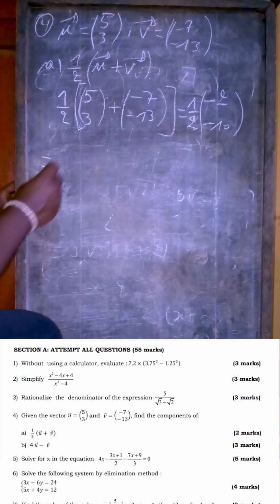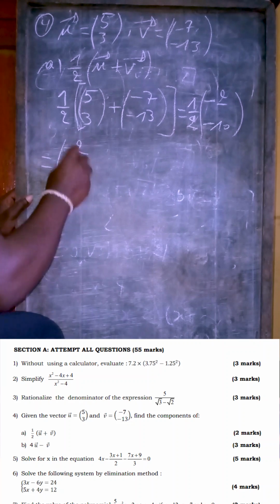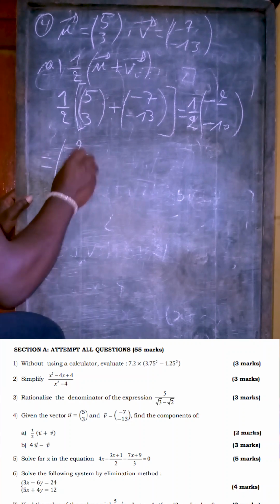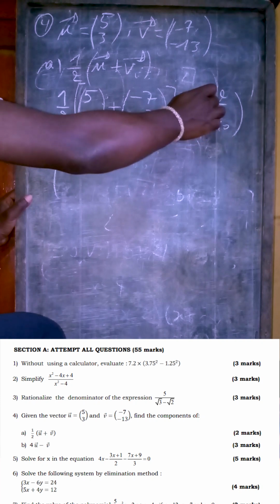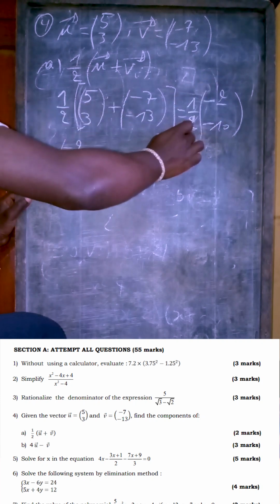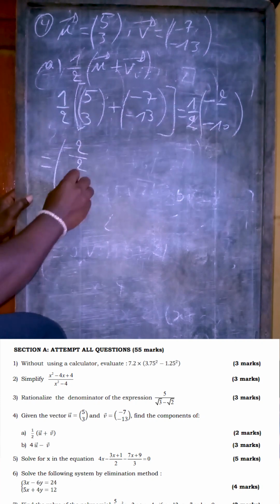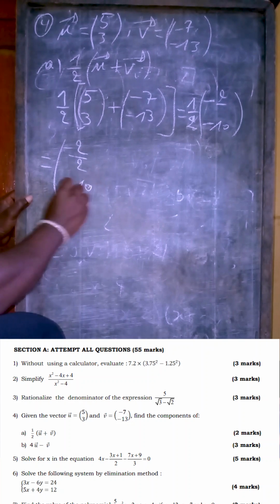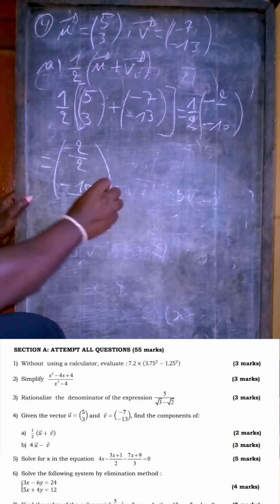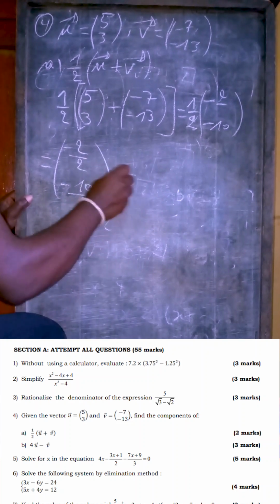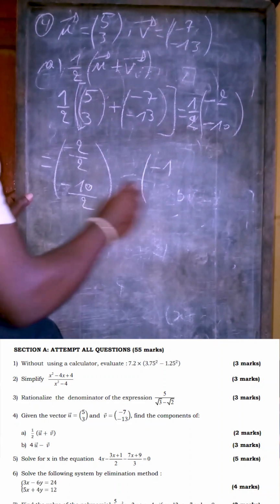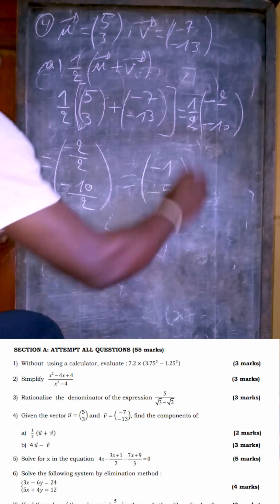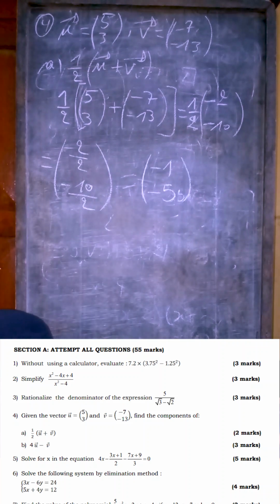It will be minus 2 over 2, because one over two times minus 2 is minus 2 over 2, and then here we have minus 10 over 2. The final answer will be (-1, -5). This is it for subquestion A.